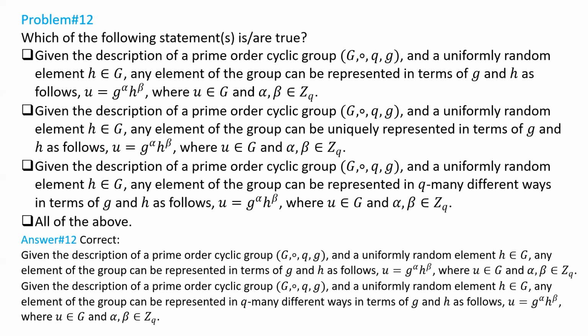So the fact that given g to the power alpha h to the power beta, an adversary is unable to come up with g to the power alpha dash h to the power beta dash such that alpha, beta is different from alpha dash, beta dash, is dependent upon the assumption that the discrete log problem is difficult.